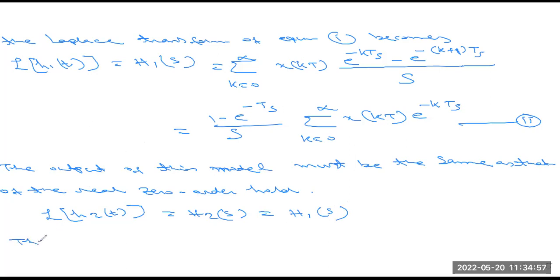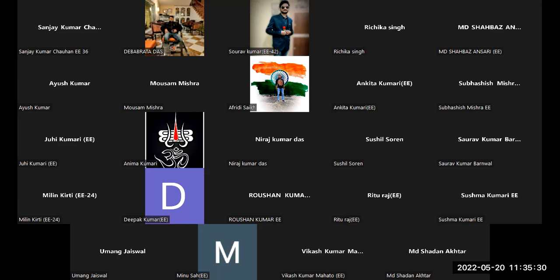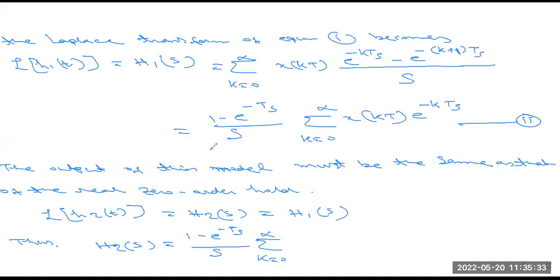Now we write this equation: H2 of s is equal to (1 minus e to the power minus Ts) by s, times the summation of k is equal to 0 to infinity x of kT e to the power minus kTs. This is equation number 3.